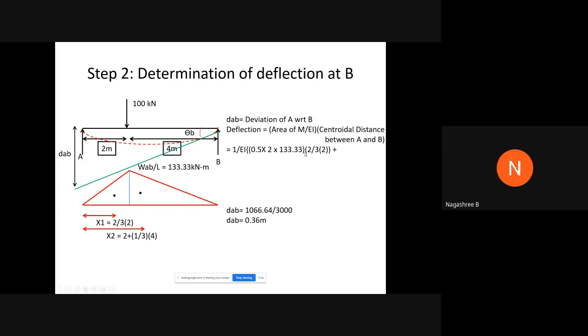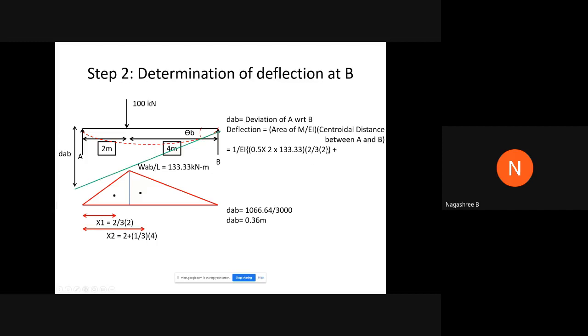Then, as I said, deflection is nothing but area multiplied by the centroidal distance. Here x1 represents the centroidal distance of the smaller triangle with reference to A. Since it is a longer span from A, on the longer side of the triangle, the centroid will be at a distance of 2/3 of the base.